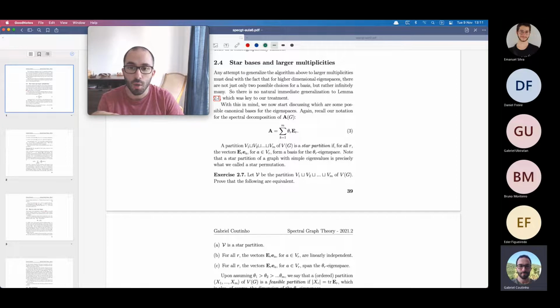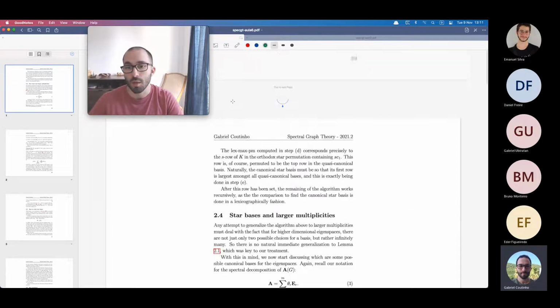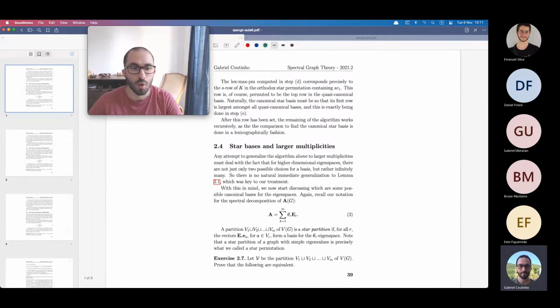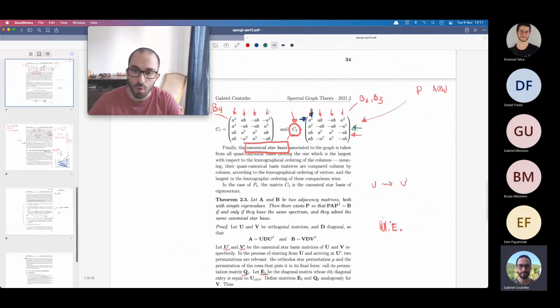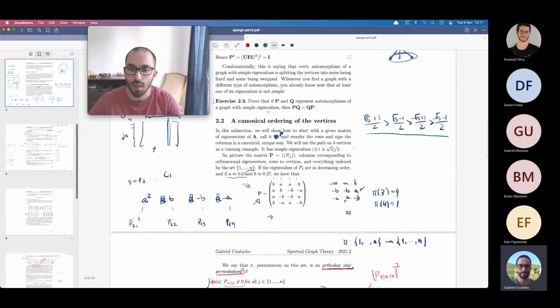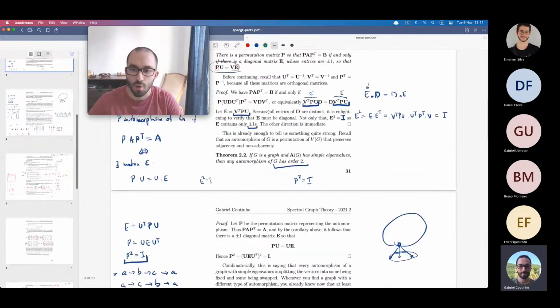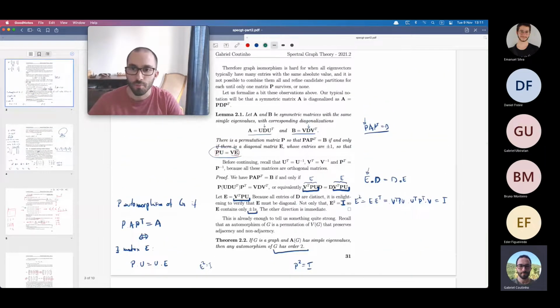Lemma 2.1 is the lemma we saw in the other class. It said that every isomorphism between two graphs with simple eigenvalues corresponds to a diagonal matrix whose entries are plus and minus 1.